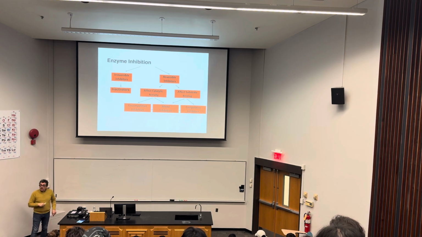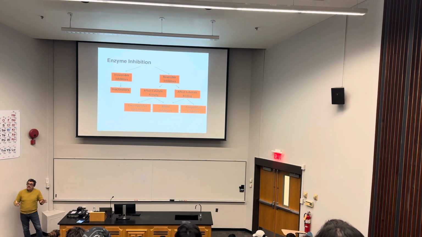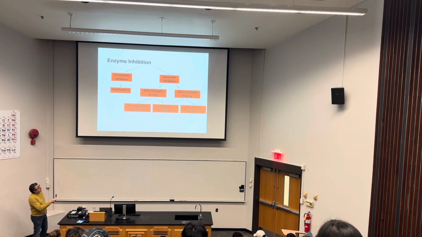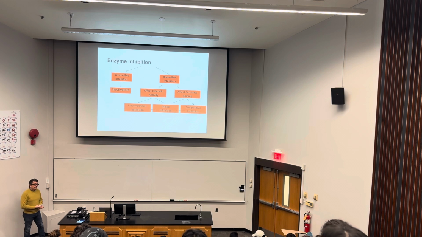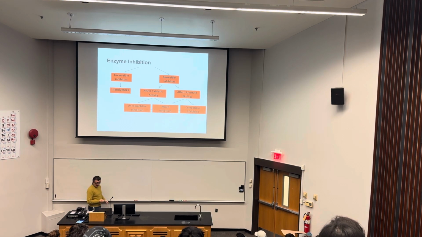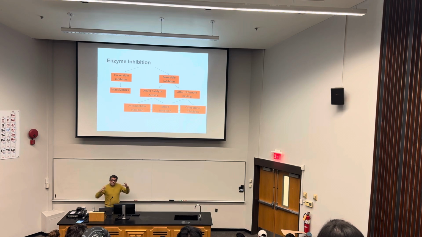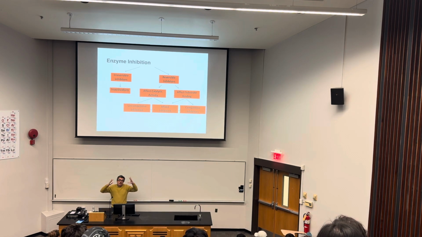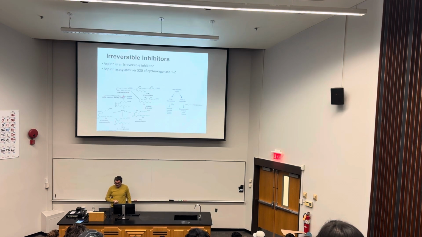Don't mix that up with the non-competitive, that is another thing. And then, if there is both of them acting together, there is the mixed inhibition. So it's a little bit competitive, a little bit uncompetitive. So this graphical representation will blow up in an interesting way in the rest of today's lecture plus the next lecture.